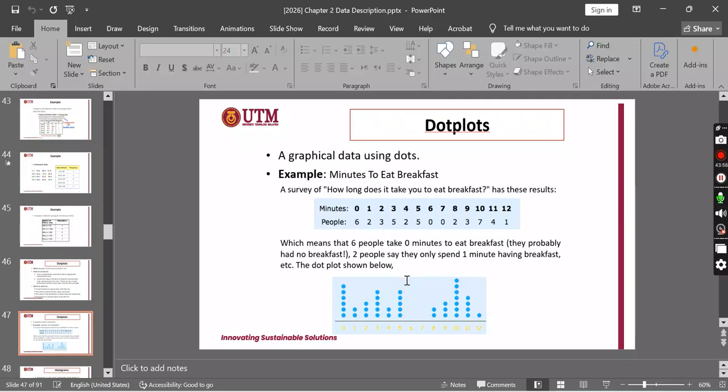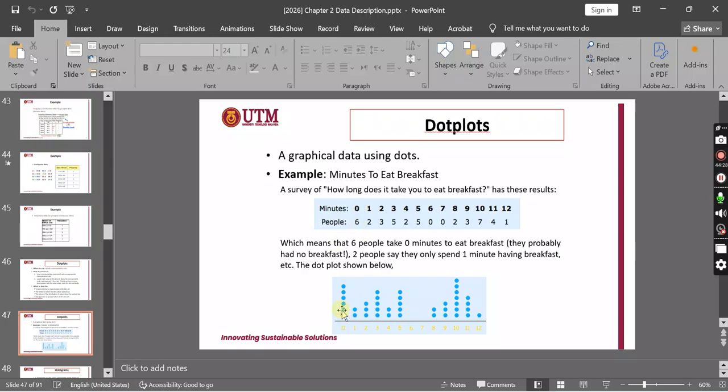Dot plot also. We have another plot. Actually, you will explain them in the R language, but this is only for information. You have minutes here, 0 to 12, and we have people here. So for the dot plot, the minutes go from 0 minutes to 12 minutes. At 0 minutes, how many people do we have? We have 6 people.